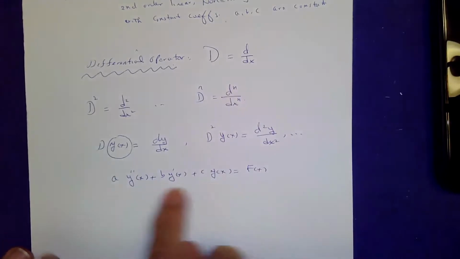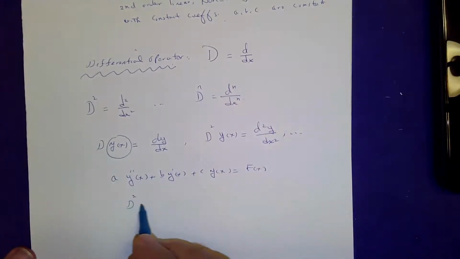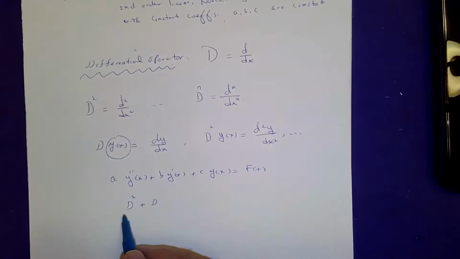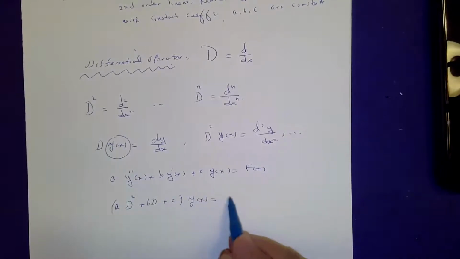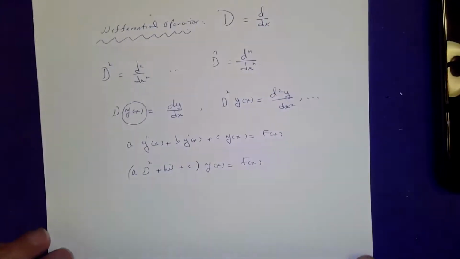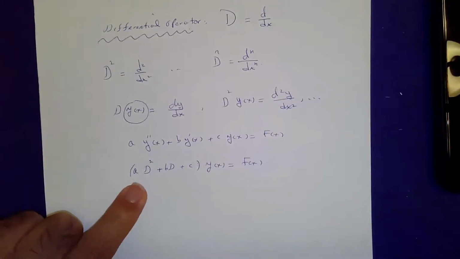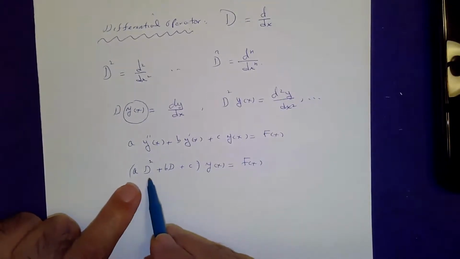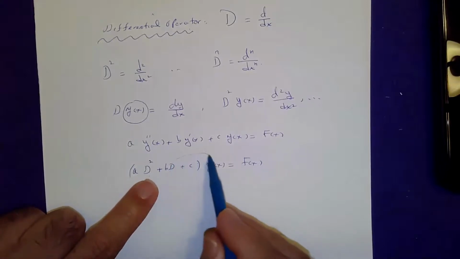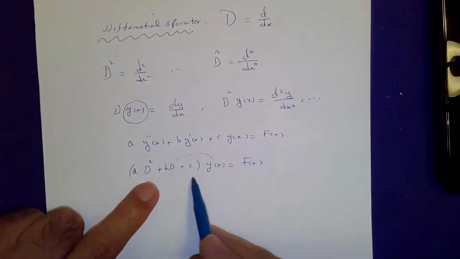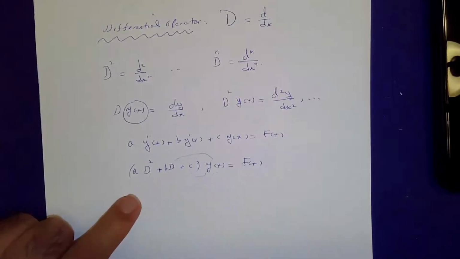So the operator form for this would be aD squared plus bD plus c applied to y of x equals f of x. So what does this say? This says a times second derivative of y plus b times first derivative of y plus c times y itself.